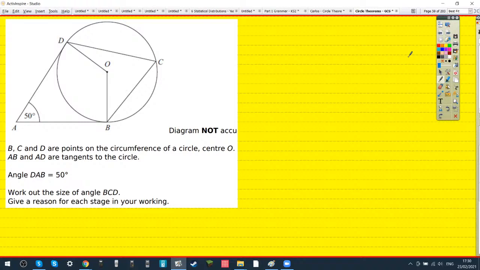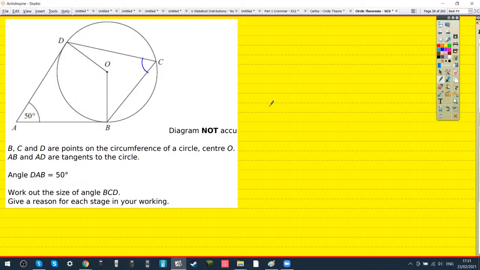Okay, how about this one? B, C, D. So we want that. Look up angle B, C. So is angle O double angle A?